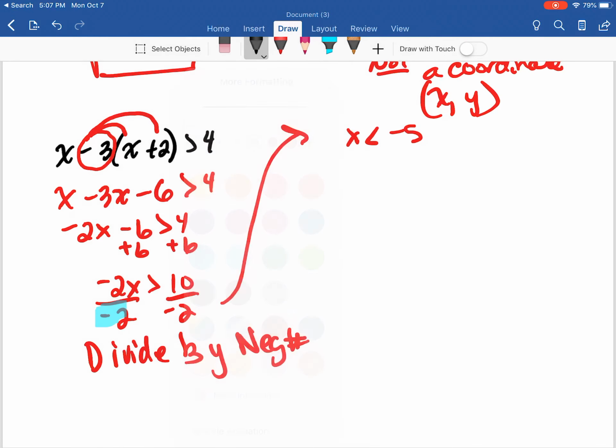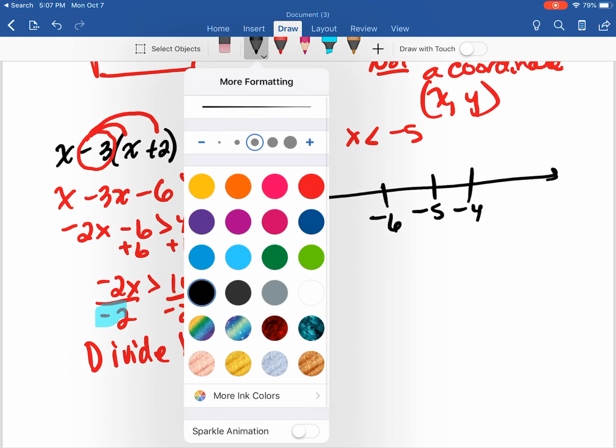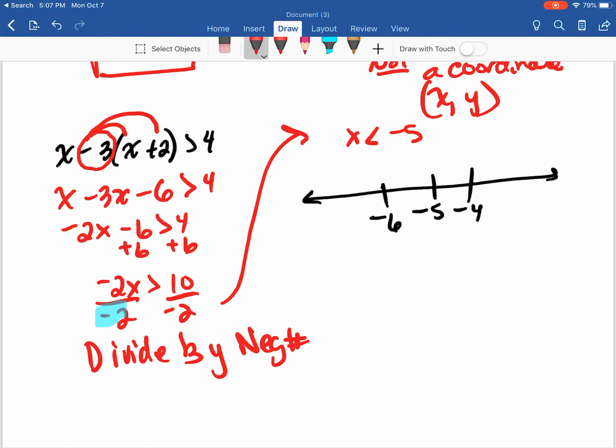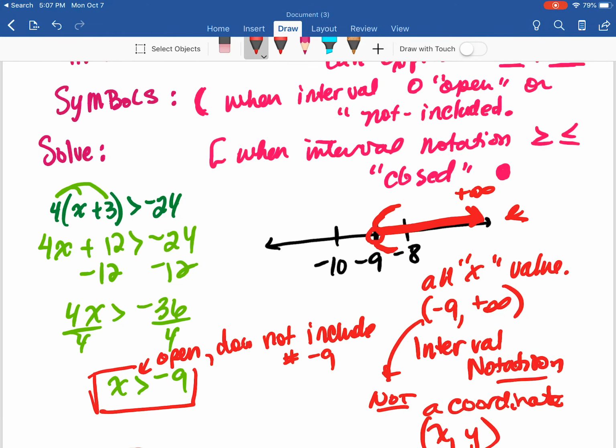Now let's go ahead and graph it and write our interval notation. So this is negative 5, this is negative 4, and this is negative 6. And this is open. So negative 5 is here, and it's going to the left. Note, my line symbol looks like the less than symbol, so that lets me know it's going in that direction.